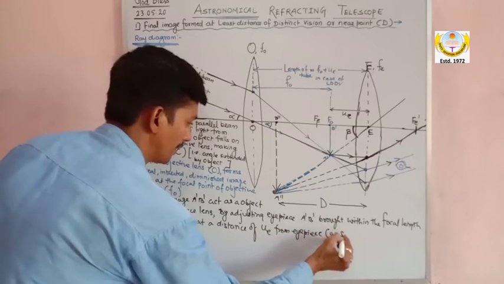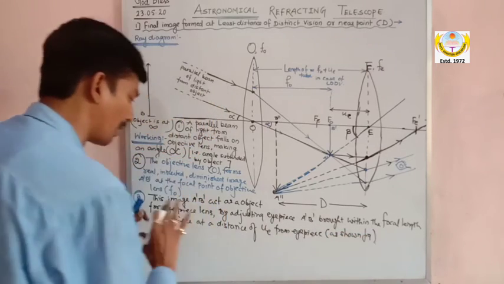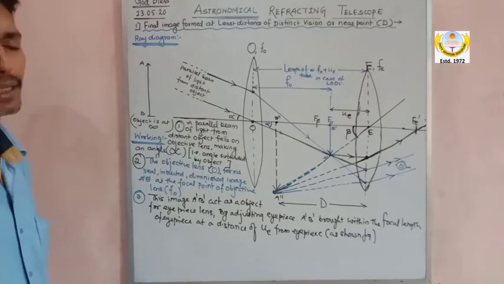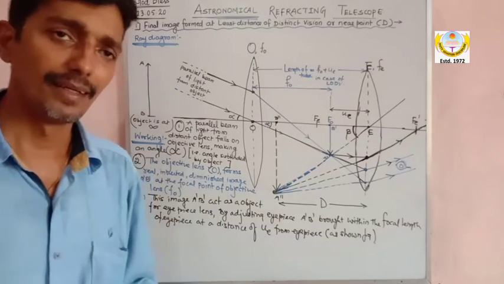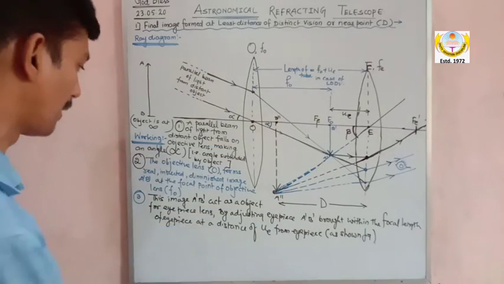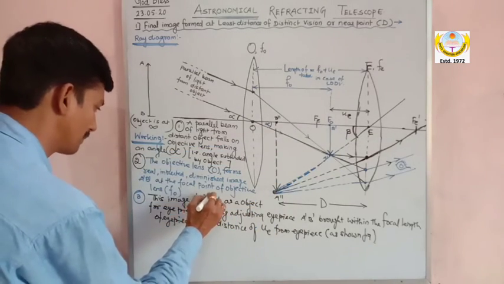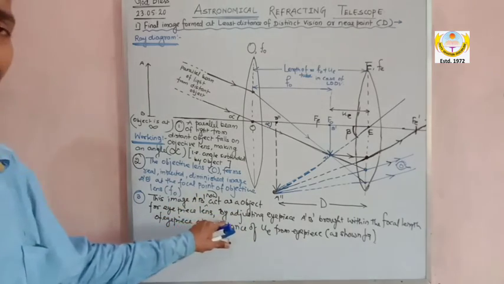As shown in the figure. So nicely I have written, children, please make sure you are understanding. This is point number 3: the image A dash B dash now acts as an object for the eyepiece lens.